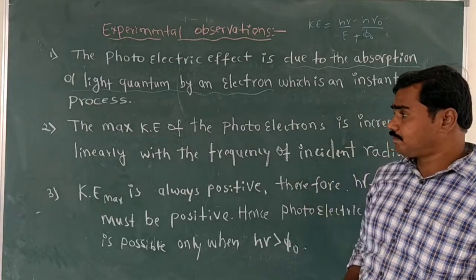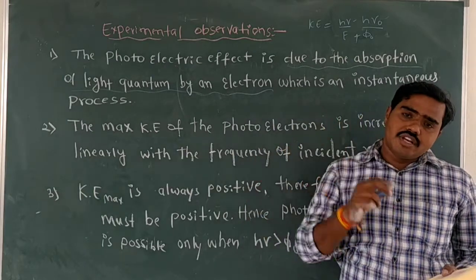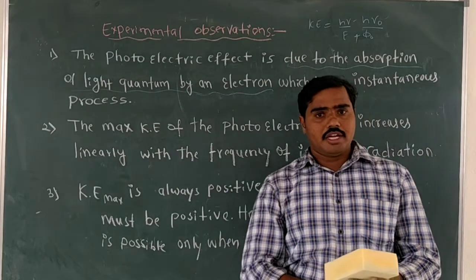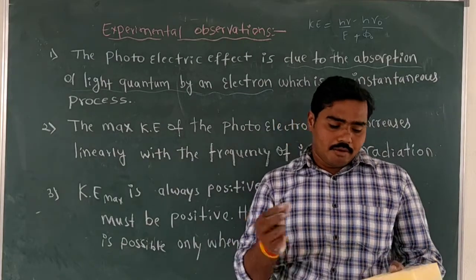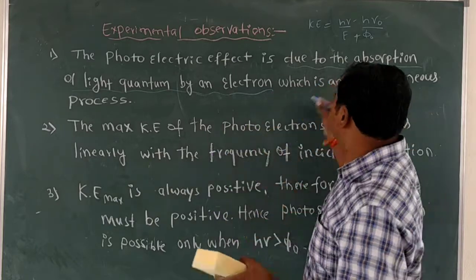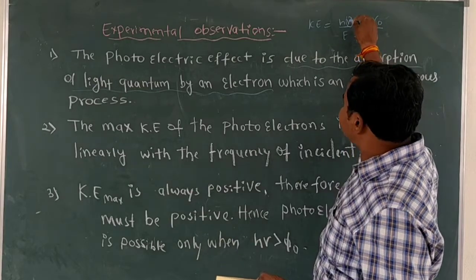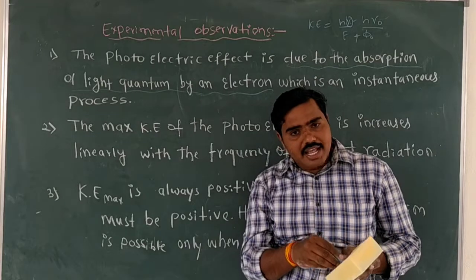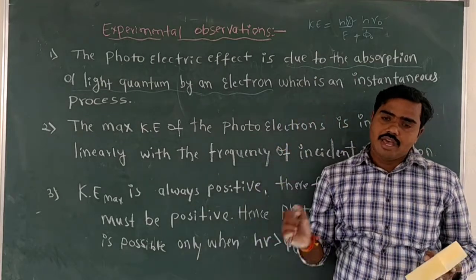And the second one: when we increase the frequency of incident radiation above the threshold frequency, or photon energy E equal to h nu, when we increase the frequency continuously, the kinetic energy of the liberated electrons also increases.